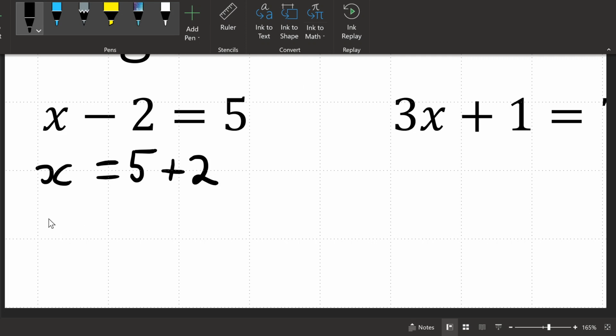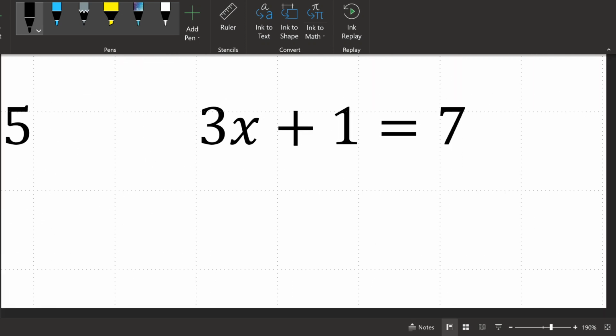Obviously, it's a little bit too late in the day to be teaching you a new way of looking at it. But either way, you should end up with the same value on the opposite side with the opposite sign. Okay, so if it's moved over to the opposite side, it has the opposite sign. So x equals 7. So that one's fairly simple.